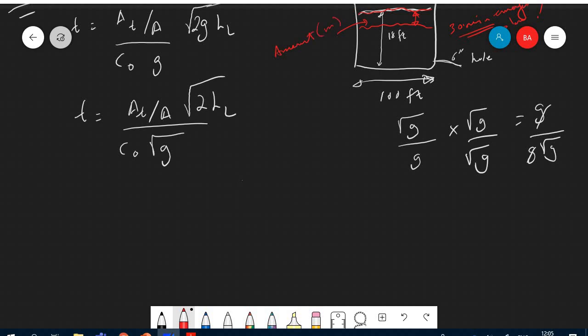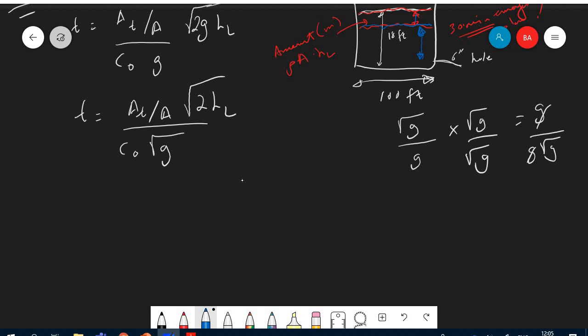And what we need to calculate is the time required to drain from one height, and we want to know what the second height is. So it is going to drain from that height, and what will the height be? How much is the amount that I'm going to lose?